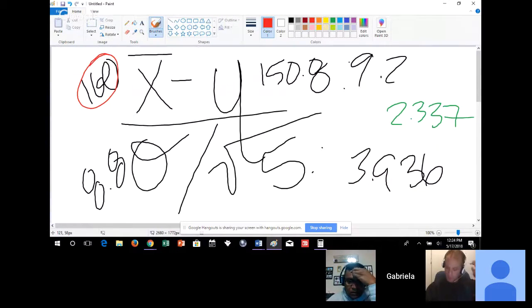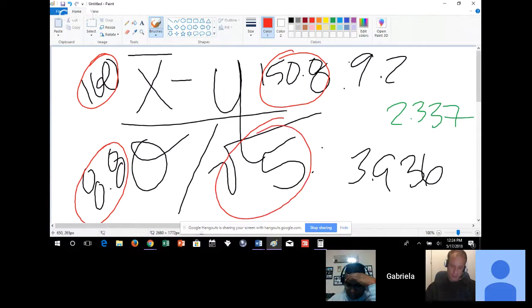Yeah, so it's 160 minus 150.8, divided by 8.8 divided by the square root of 5. Let's see. I got 2.337 for the answer.